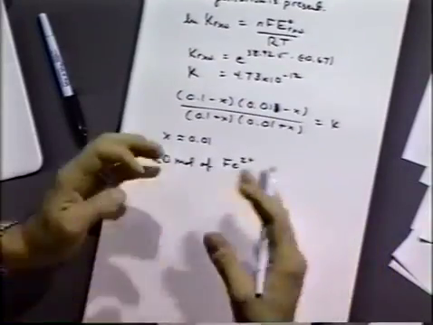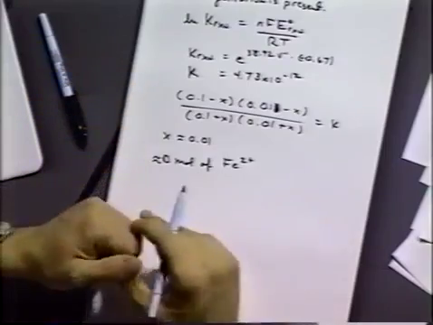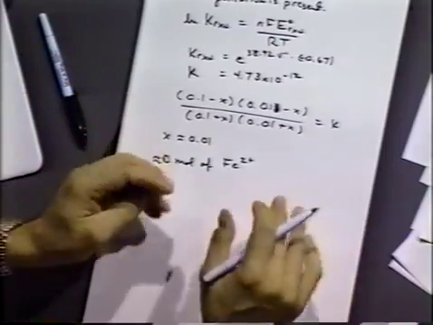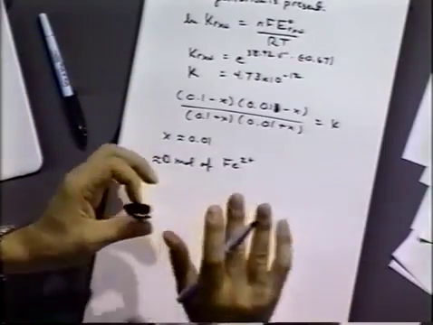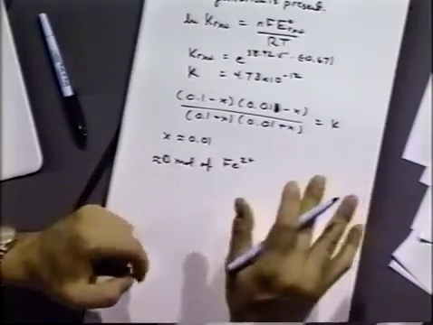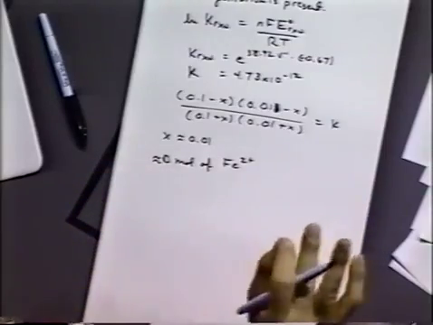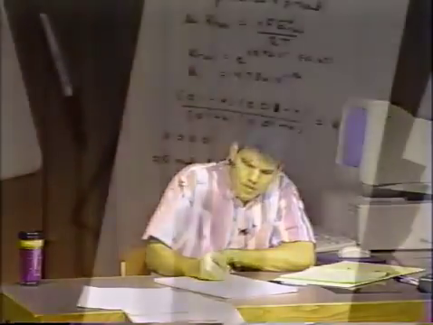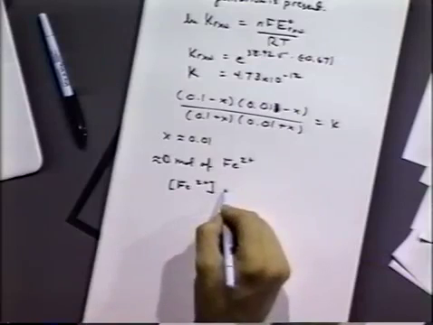which is the limiting reagent in our situation. So all of the iron 2+ is basically gone, although it is not exactly gone. It's some 0 plus a very small value. And you can find out what that is by substituting back into our equilibrium constant.